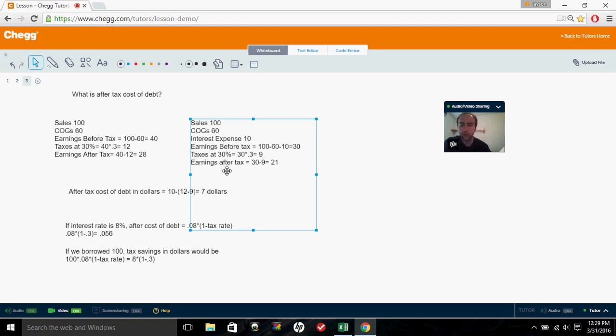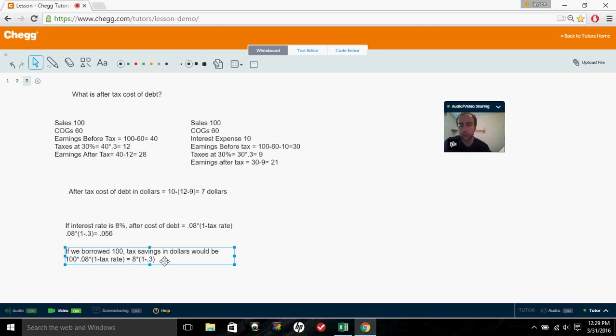So to formalize it, we can calculate our interest rate after tax by taking our cost of interest times 1 minus the tax rate. So in this case, 8% times 1 minus 0.3 to give us 5.6% after tax.